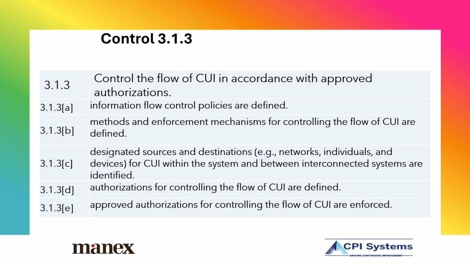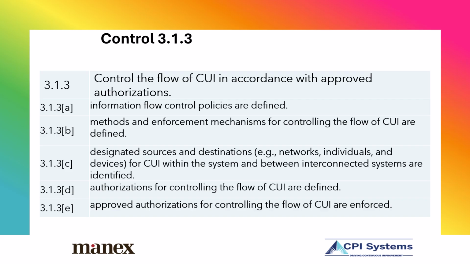Statement C: designated sources and destinations, in effect networks, individuals, and devices for CUI within the system and between interconnected systems are identified. Your CUI flows and network diagrams are documented, and that's important here.